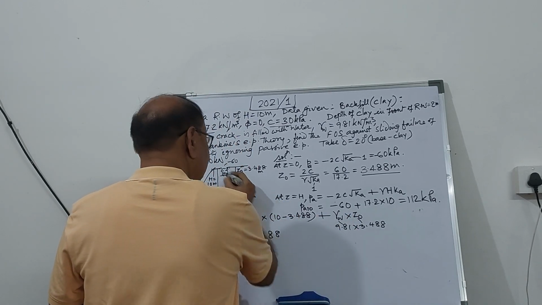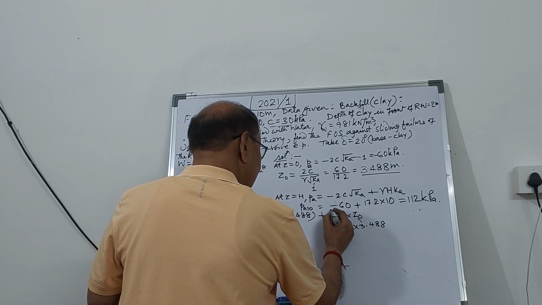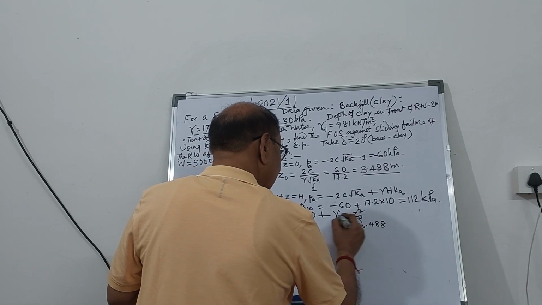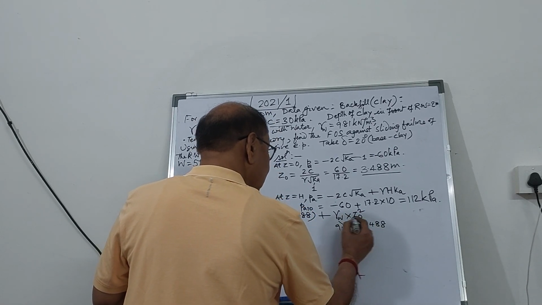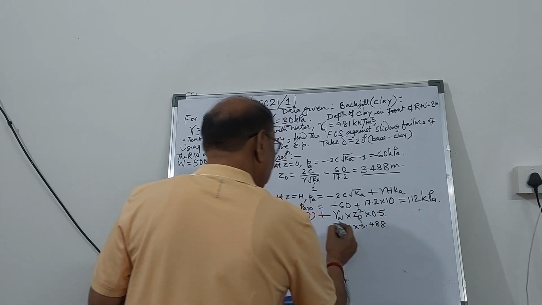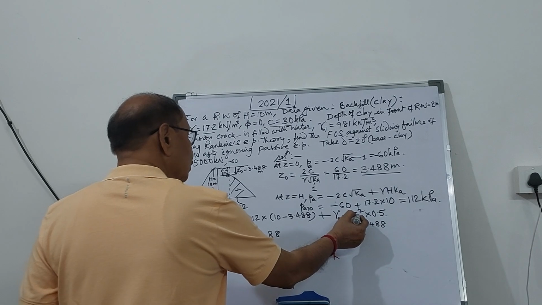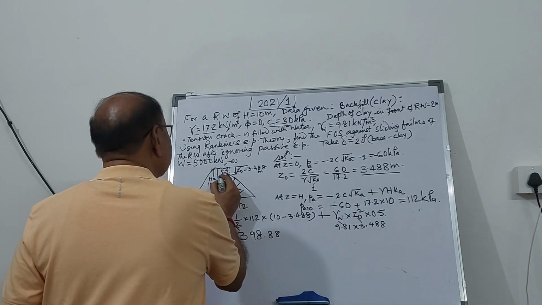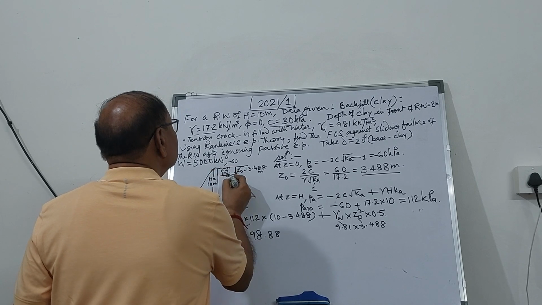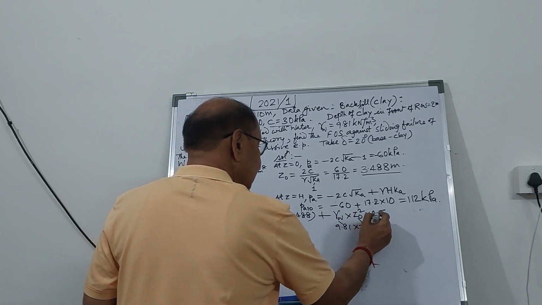So the pressure is going to be this. What will be this? You can find out the force multiplied by 0.5. Gamma W into Z0 is the pressure over here due to water, and it is going to be a triangular variation.